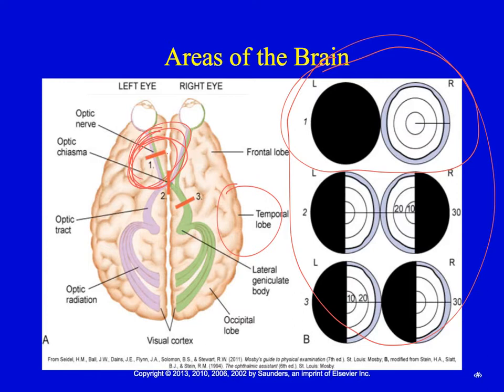So if their left eye was completely blind, right eye still had vision, then you would suspect an injury in the brain somewhere in this area around the optic nerve on the left side. An interesting thing to note, if you have damage here in number 3 area, which is around your temporal lobe, number 3 here is something called hemianopia.